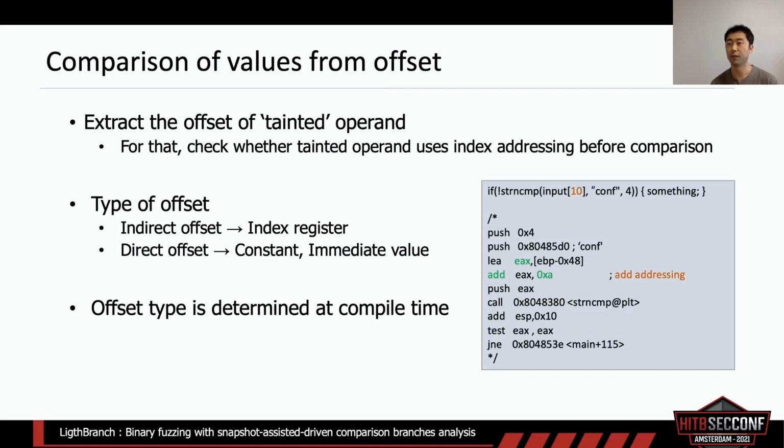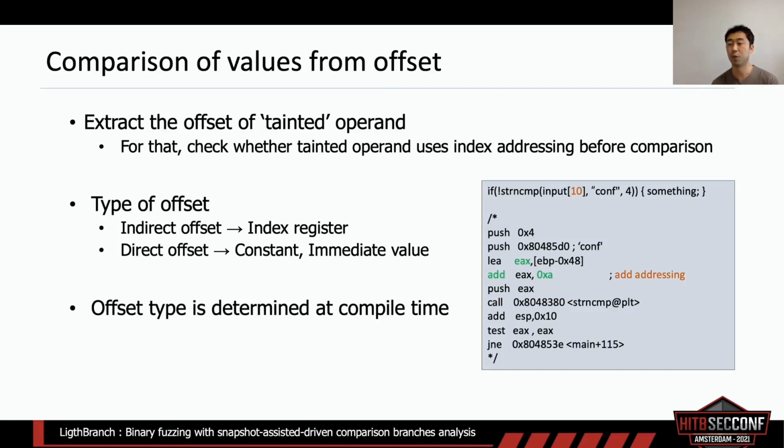Basically, the offset is determined by adding any combination of three elements: base, displacement, and index. So we get these three elements of the tainted operand and then add them. Before the CMP and test compare commands are executed, the process of calculating the offset is performed.